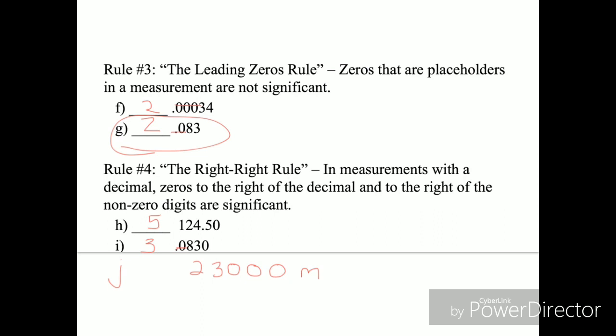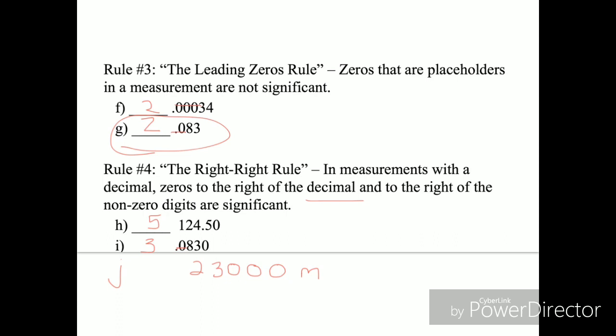In this additional example, here we have trailing zeros, but what we don't have is a decimal place. So when we apply this final rule, remember the trailing zeros, the zeros at the end of a number, are only significant if there is a decimal place.